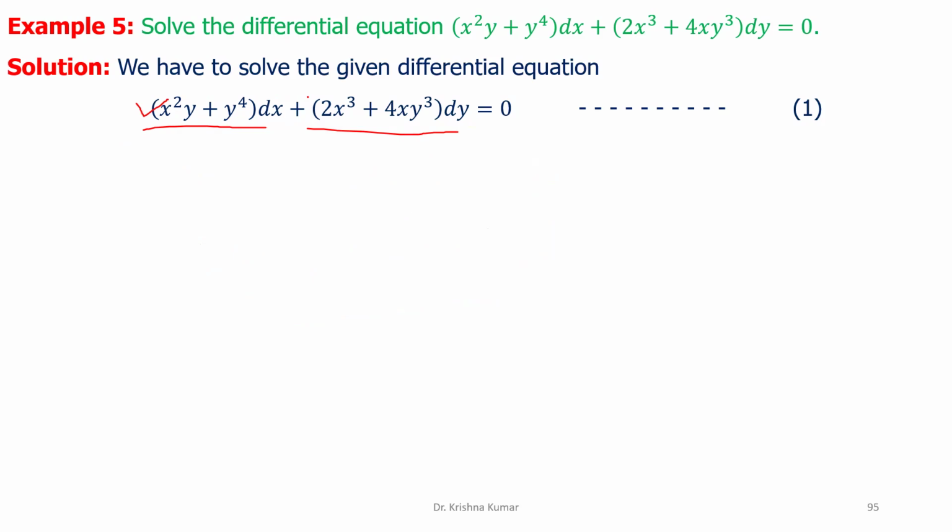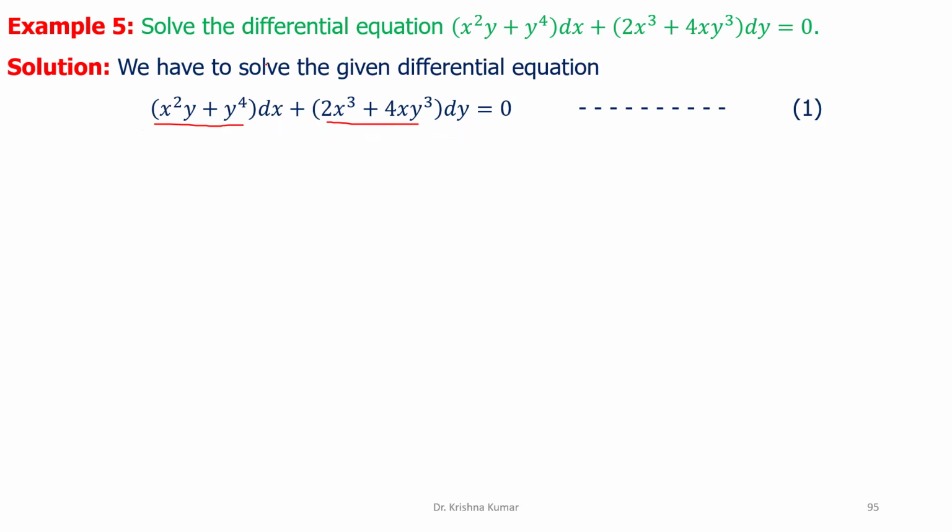But here there are exactly four terms, two associated with dx and two with dy, the powers of x and y are higher and only algebraic terms are present, so such a differential equation may arise in rule number 5. Definitely this equation can be solved using rule number 5.